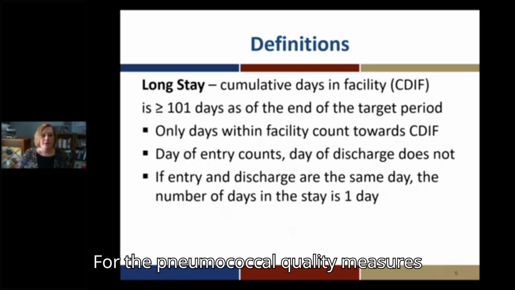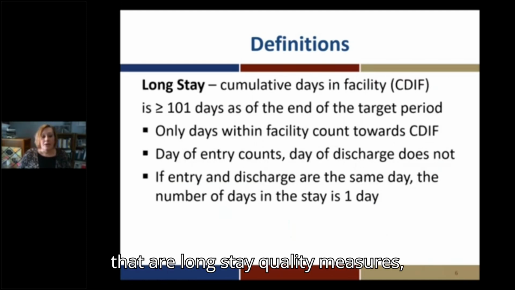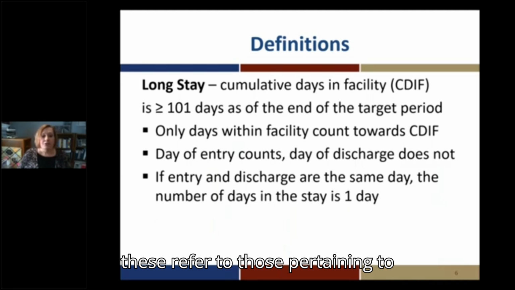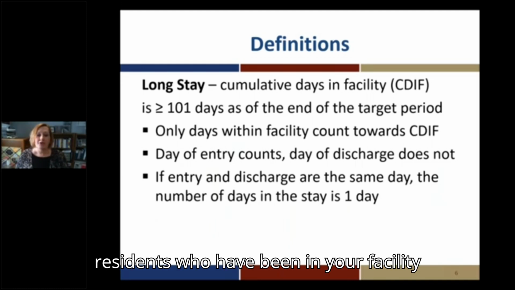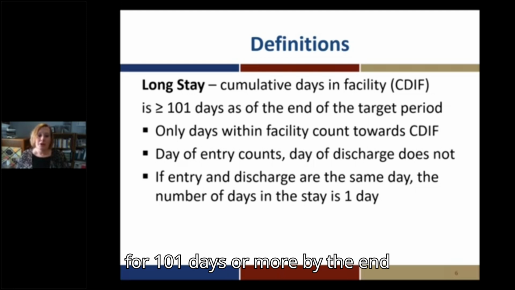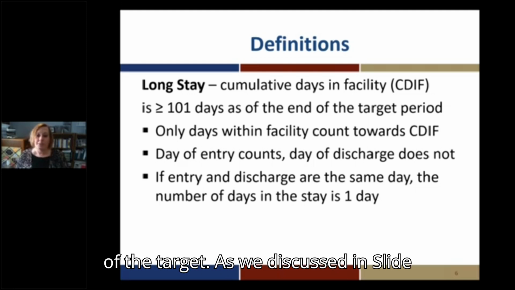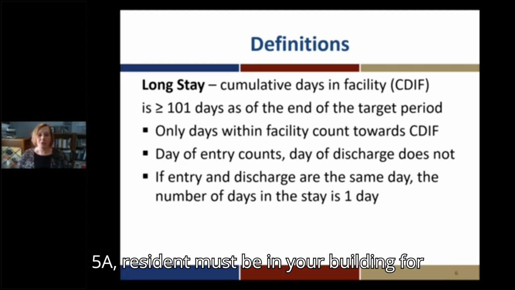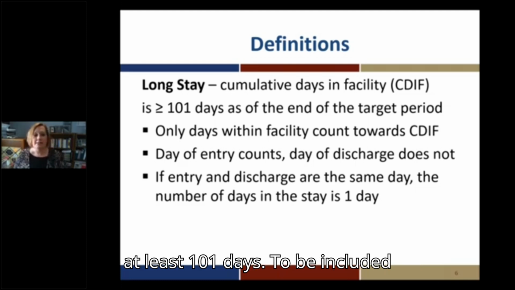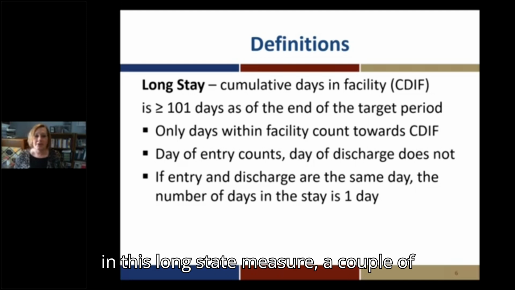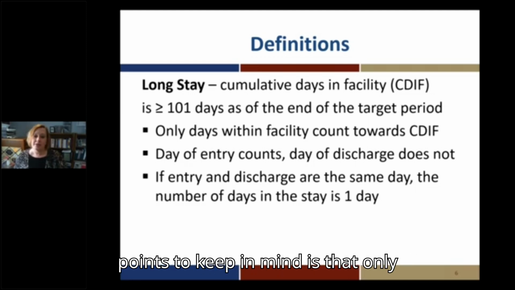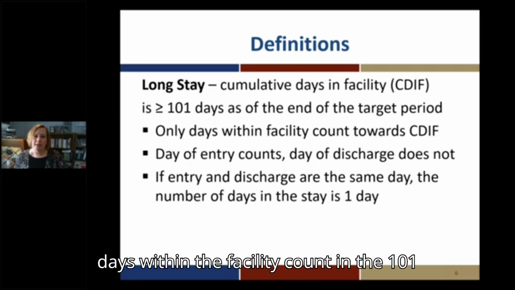For the pneumococcal quality measures that are long stay quality measures, these refer to those pertaining to residents who have been in your facility for 101 days or more by the end of the target period, as we discussed in slide 5. A resident must be in your building for at least 101 days to be included in this long stay measure. A couple of points to keep in mind is that only days within the facility count in the 101 days.